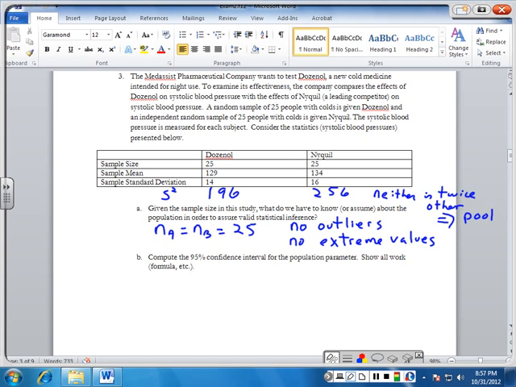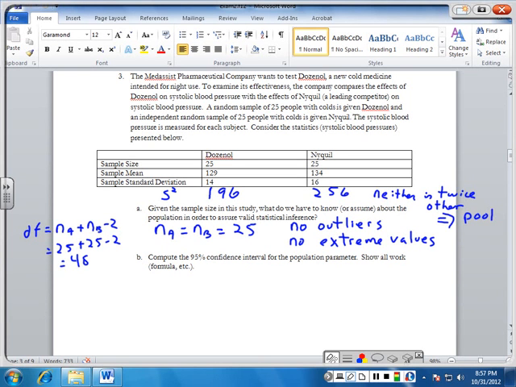Once you pool, that affects two things. It affects the degrees of freedom, and when it's pooled, it's NA plus NB minus 2, or 25 plus 25 minus 2 is equal to 48.